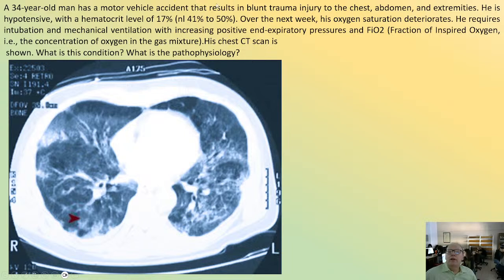And over the next week, we see that the oxygen saturation deteriorates. He requires intubation and mechanical ventilation to support his breathing, and increasing positive end-expiratory pressures and fraction of inspired oxygen. That means this is what the content of oxygen is in the gases with the air in the lung.